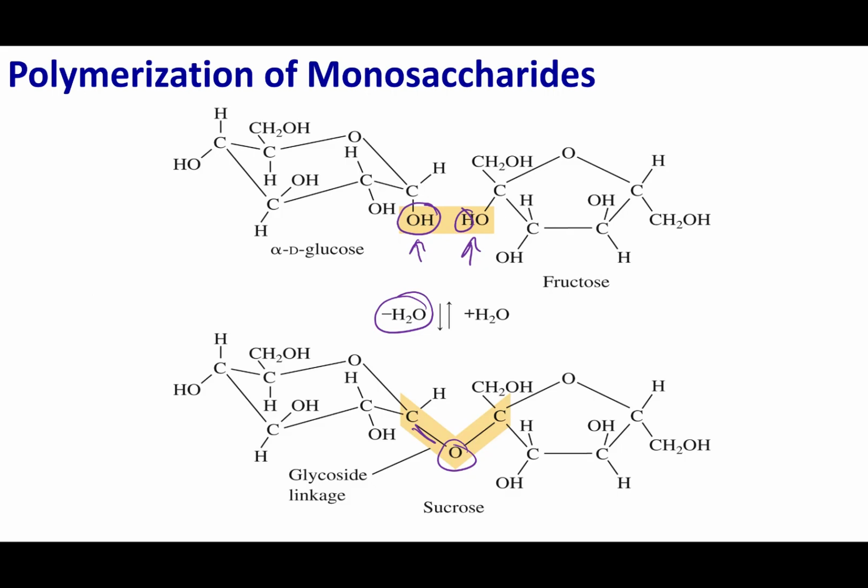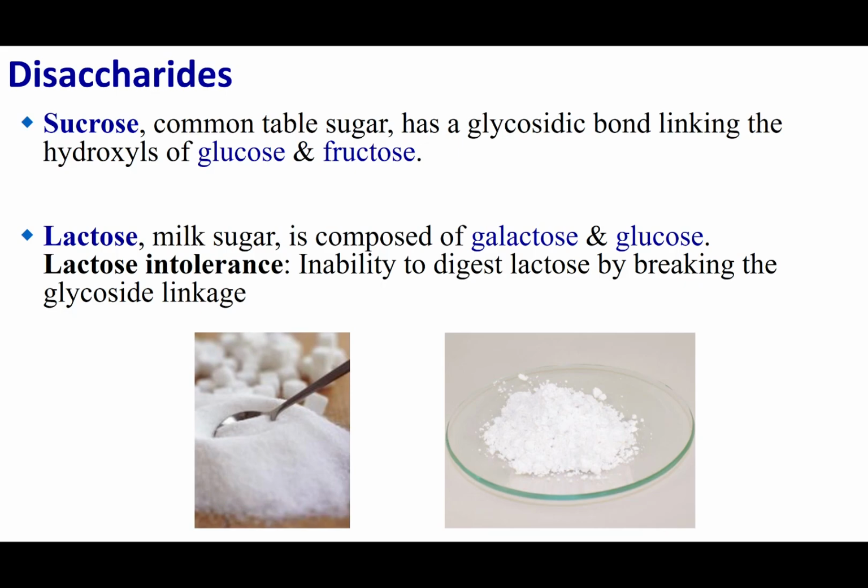So it's just like every other condensation you've seen before, where I'm going to go ahead and bring 2 monomers together. Now, when I take 2 monosaccharides and I polymerize them, I get disaccharides. And these are ubiquitous in nature. You see them all over the place.